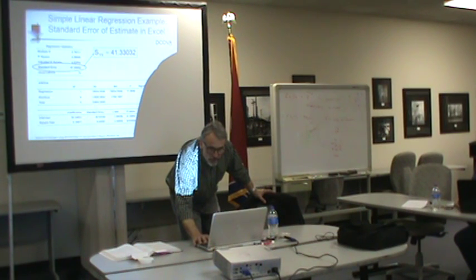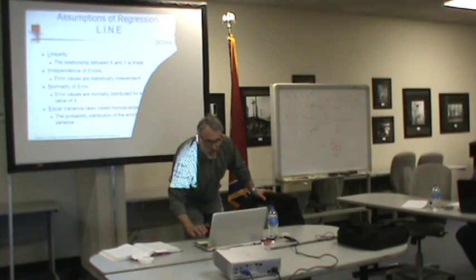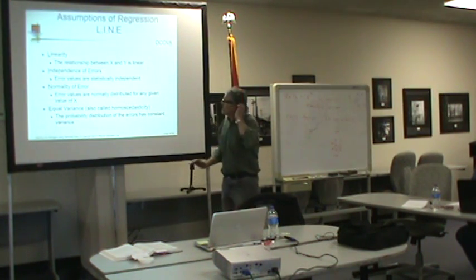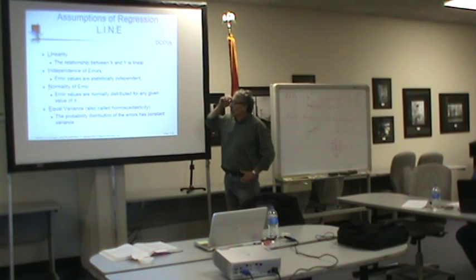Let me see if I can remember. Because there was 1 or 2 others. Oh yeah, okay. I was going to make the comment, hey, when you're using these regression things and you're doing a linear regression or you linearize nonlinearities, you're assuming that you do have some sort of linear relationship.